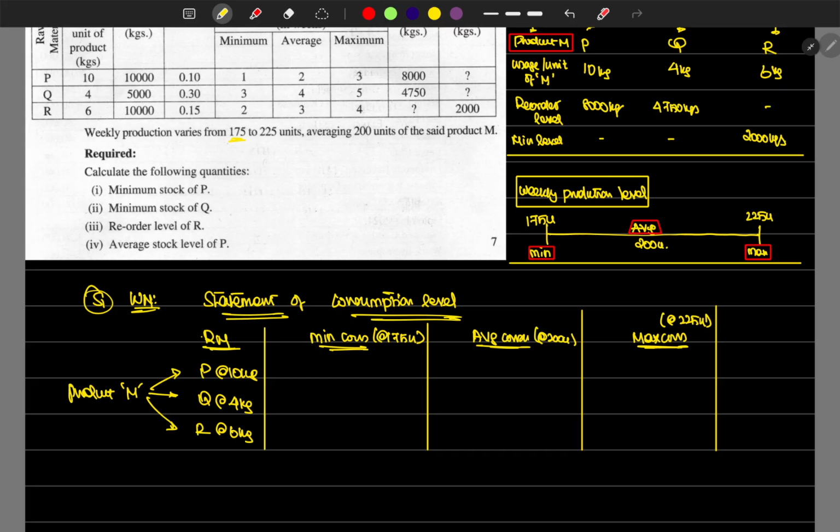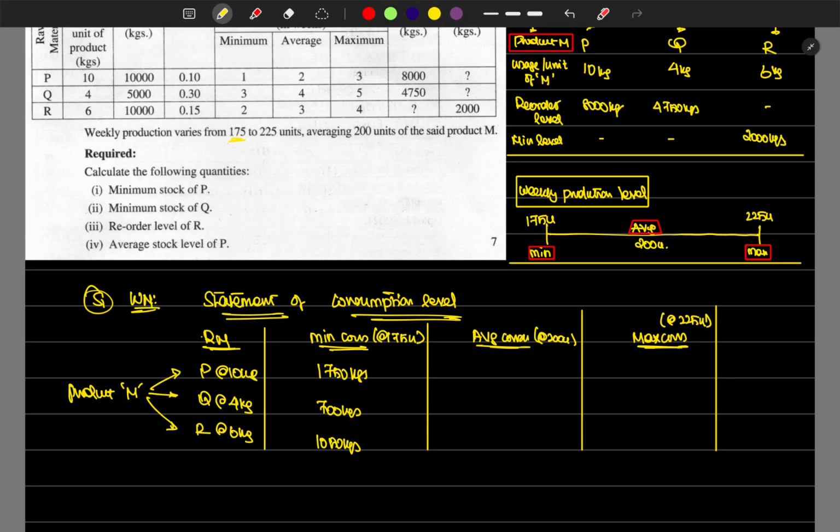175 units into 10 is 1,750 kgs, into 4 is 700 kgs, and into 6 is 1,050 kgs.